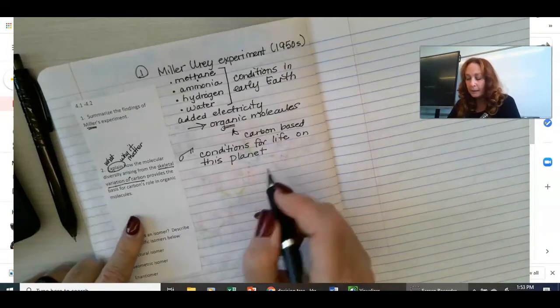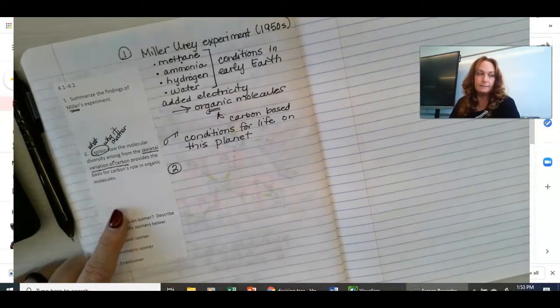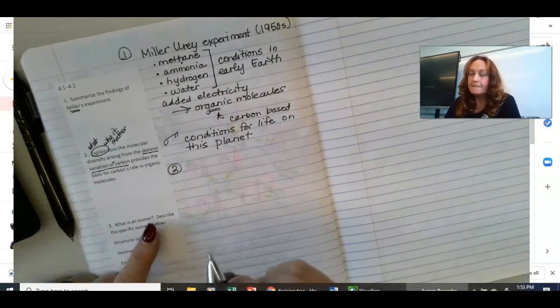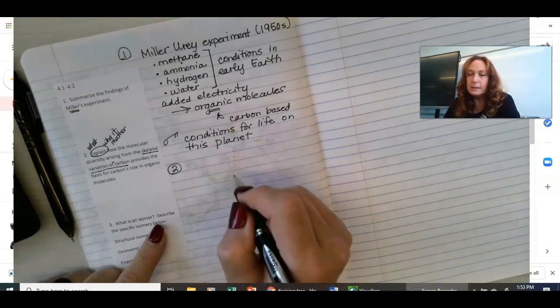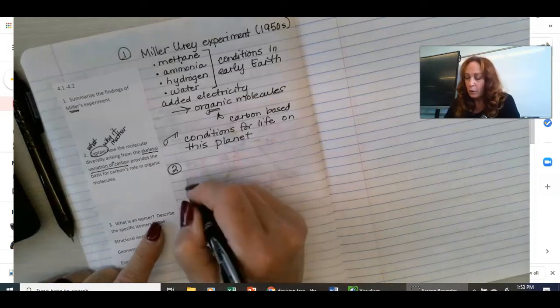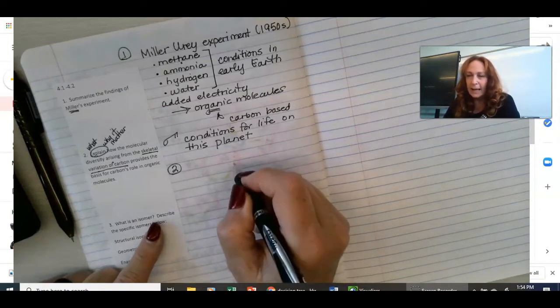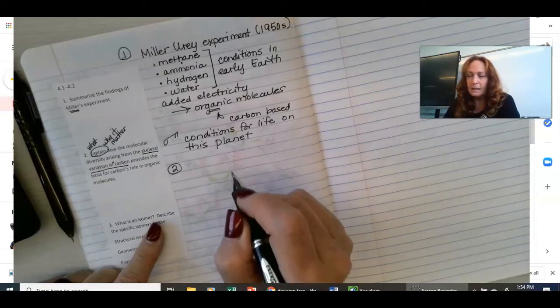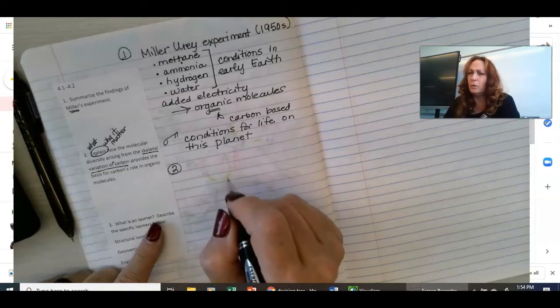So carbon, this is 2, and I have no idea how many pages this is going to take. So here's the deal with carbon. Carbon is the smallest atom on the periodic table that has 4 valence electrons. Small is powerful.